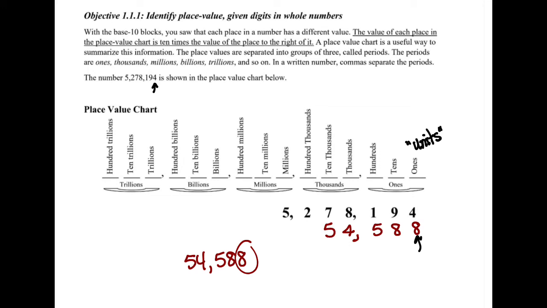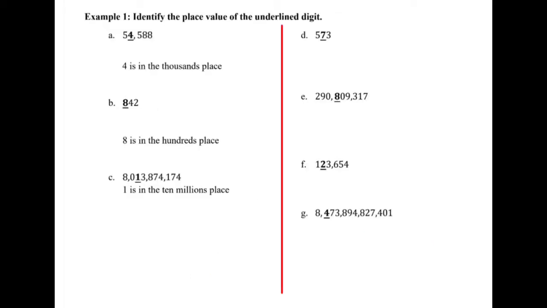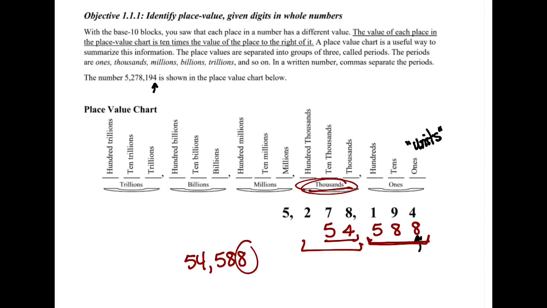Okay, so this period right here is the thousands. So this is 54,588. Okay, so if we go over 1, 2, 3, 4 places, it's in the thousands place, isn't it?